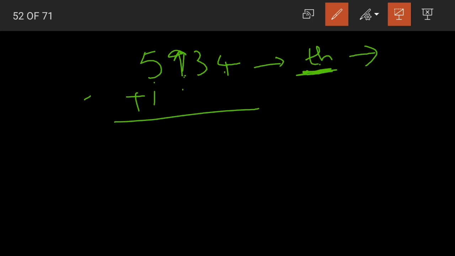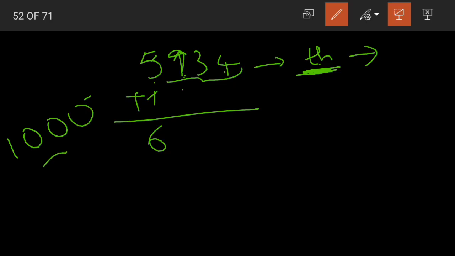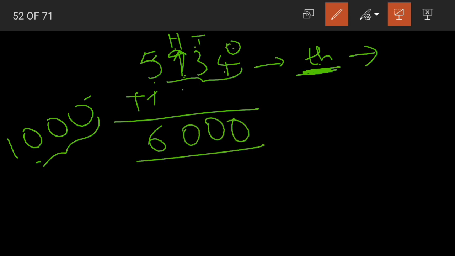As we are rounding to the nearest thousands, we add 1 to the digit in the thousands place. 5 plus 1 is 6. And what about the remaining digits? In 1000, we have 3 zeros in the ones, tens and hundreds places. So the digits in the ones, tens and hundreds places are replaced with zeros. So 5,934 rounded off to the nearest thousands is 6,000.